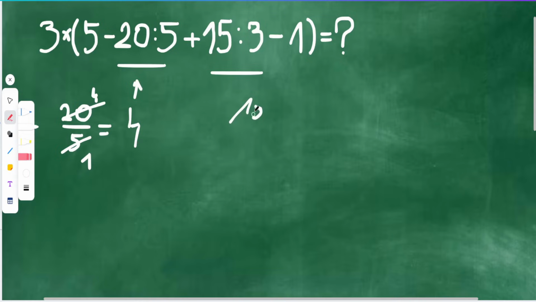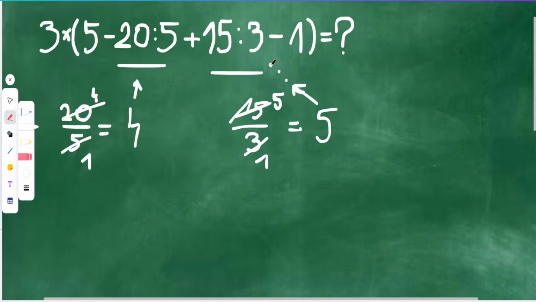Let's do this operation. We write down as a fraction 15/3. We can reduce both numbers by 3. 1, 5. 5 primes, or in other words 5, and this 5 will go here. So let's rewrite our entire equation in a simplified form.